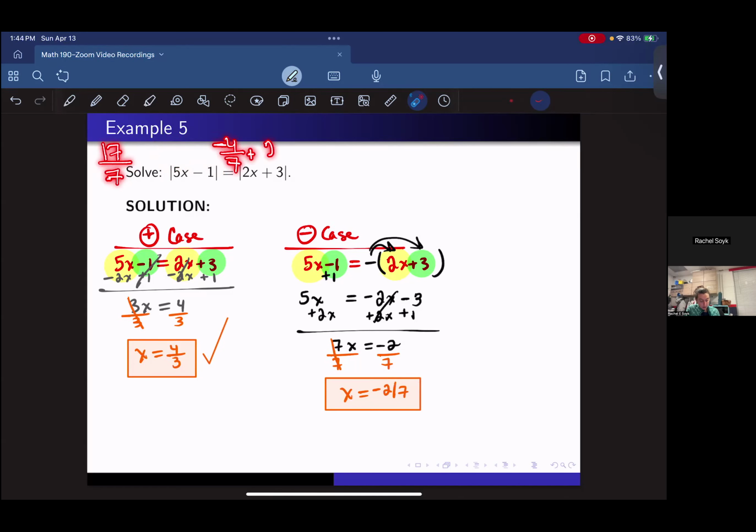Plus 3 is the same as plus 21/7. And then that also gives us 17/7. And the absolute value of that is 17/7. So this also works. And we're done. All right. Let's continue.